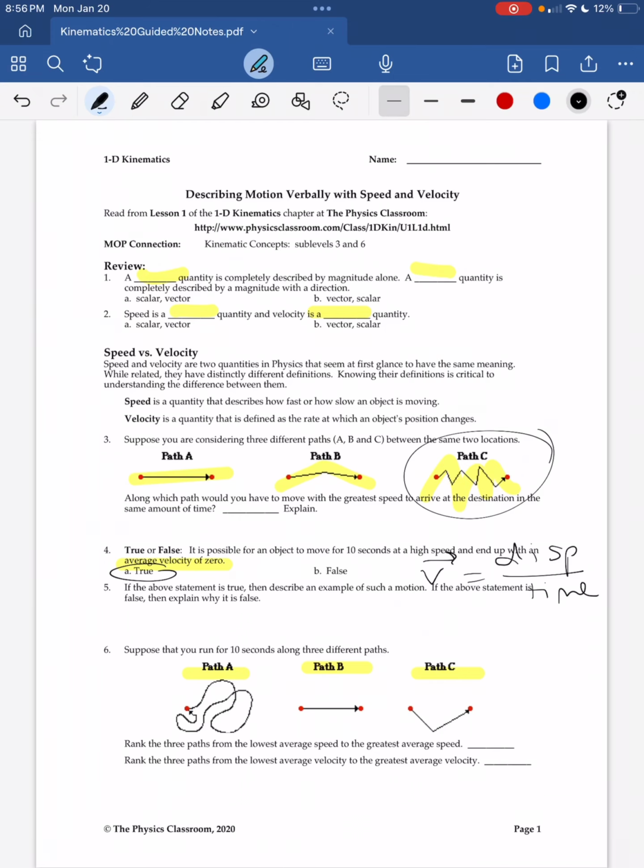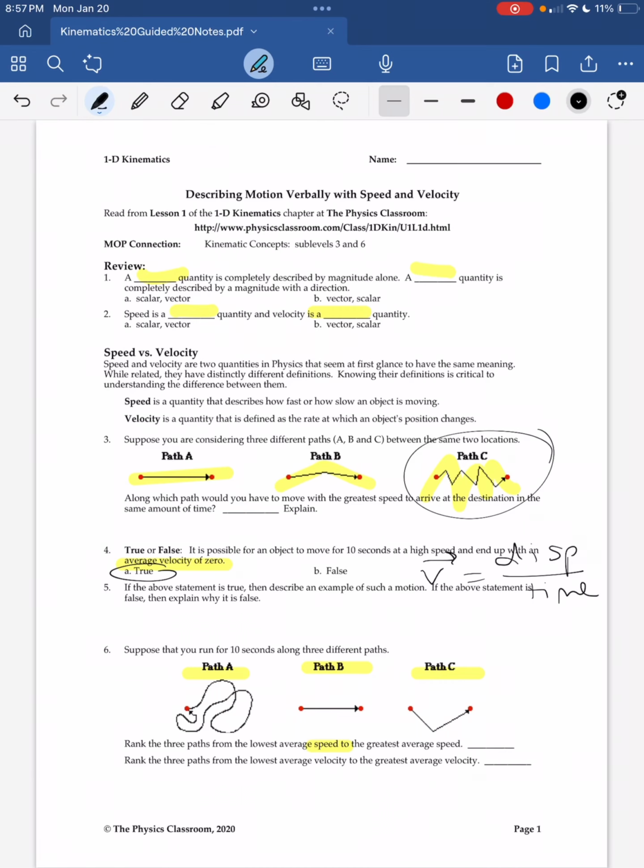So for speed, the whole path gets to count. So on path A, they take this really long path to get back to the same point that they started. Path B, they run just straight across. Path C, down and to the finish. So which one do you think is going to have the lowest average speed?